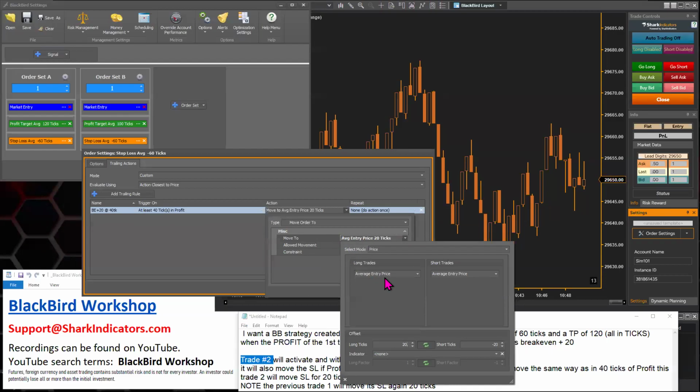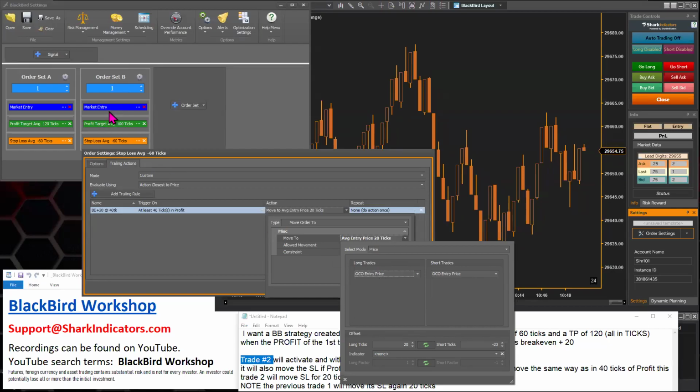So you can either take this plus 20 from the average entry price between both market entry orders there, or one thing that Blackbird does have access to is the entry price for the entry order of B. So this entry price here would be the entry order price for B. Either way, I'm just going to leave it on average entry price there.